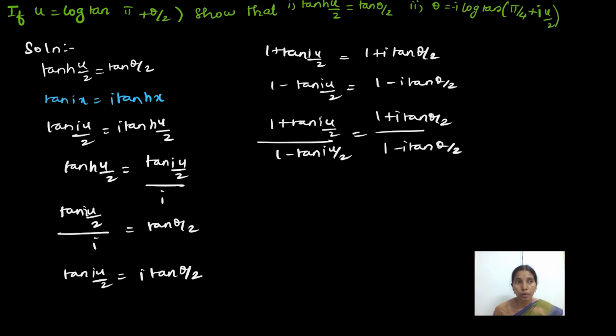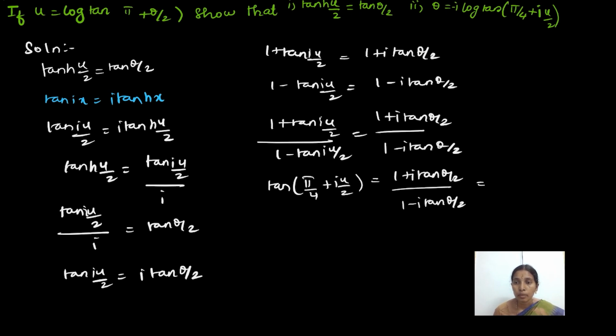So we know the formula tan(a plus b) equals tan a plus tan b divided by 1 minus tan a tan b. So rewriting using that formula, tan(pi by 4 plus i u by 2) equals 1 plus i tan theta by 2 divided by 1 minus i tan theta by 2.